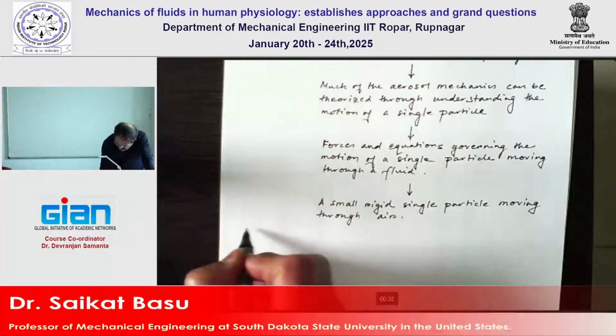If you are applying your fluid mechanics knowledge to understanding infection mechanics or targeted drug delivery, it doesn't make much of a difference. So that's assumption number one. Number two, we assume that the material density of these particles is much, much higher than the density of the ambient fluid, the air. Let me write those down.